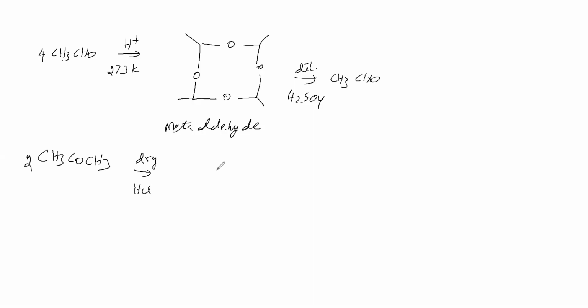Here the product is CH3C(CH3)=CH-CO-CH3. This product is called mesityl oxide. How this product is obtained, we will see.